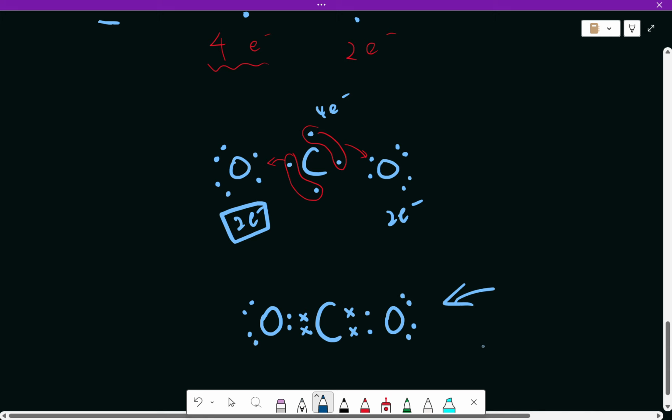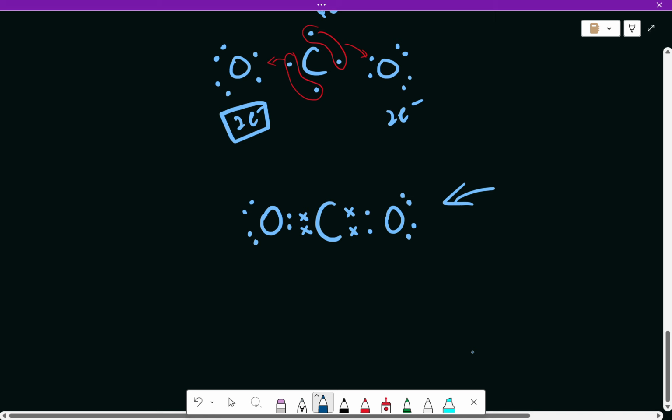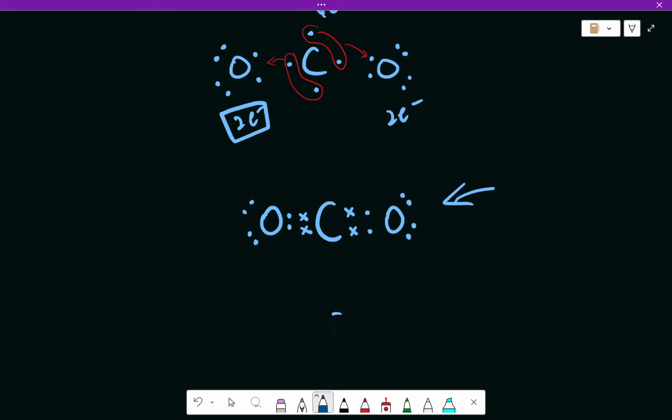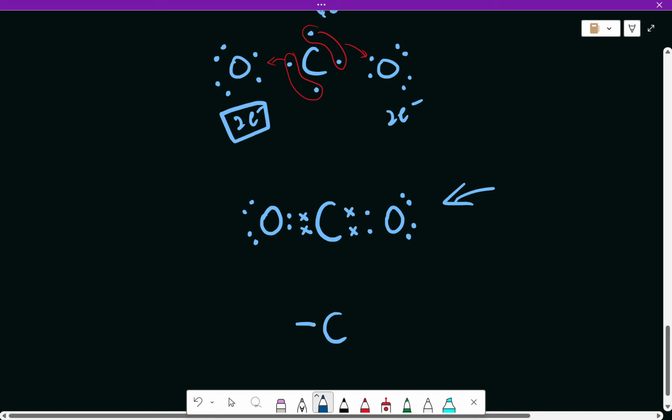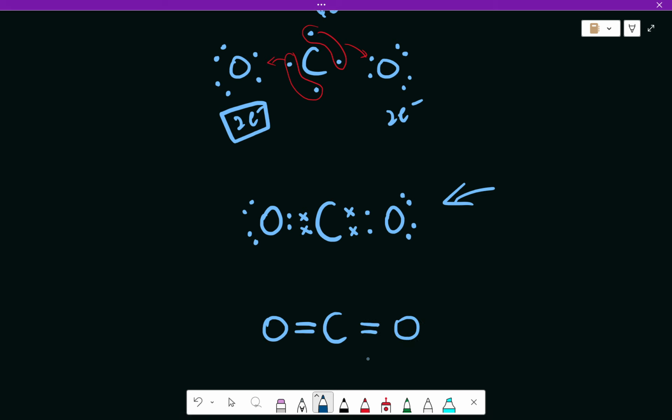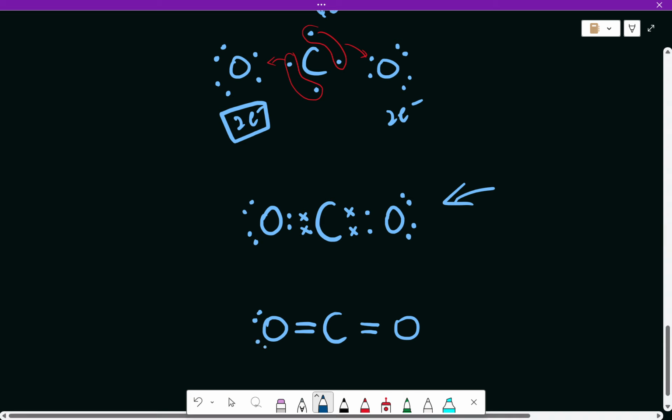So by doing something like this, we will achieve the octet rule and a stable structure for all 3 atoms. And we're going to draw the structural Lewis diagram like this. We're going to use 2 dashes to represent 2 paired electrons in the bonding process, 2 covalent bonds.